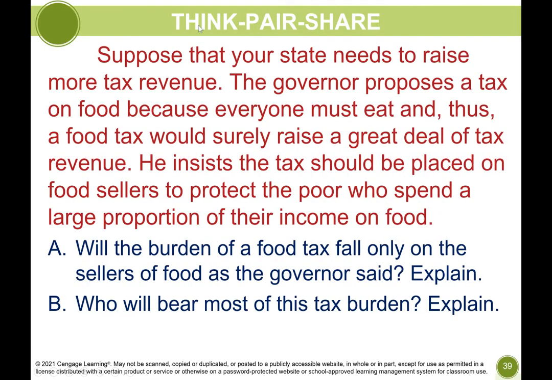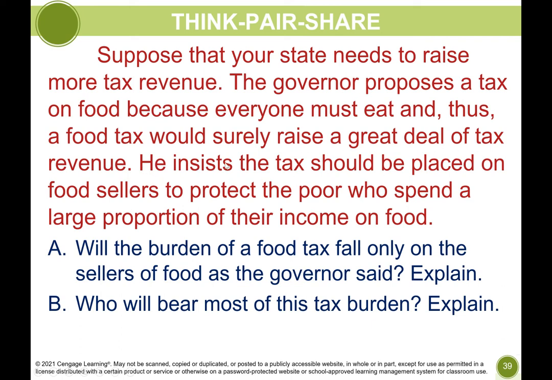Think, pair, and share. Suppose that your state needs to raise more tax revenues. The governor proposes a tax on food because everyone must eat, and thus a food tax would surely raise a great deal of tax revenue.